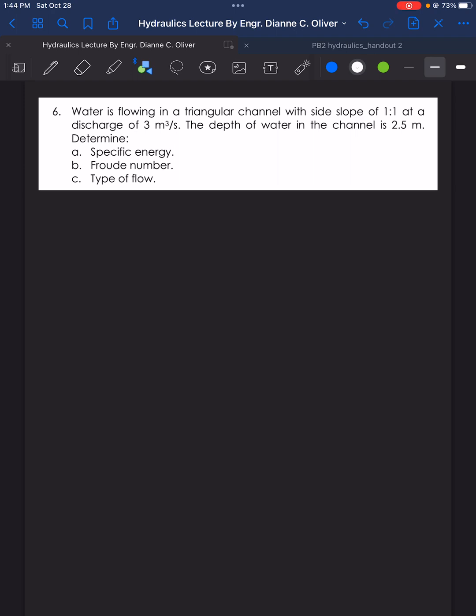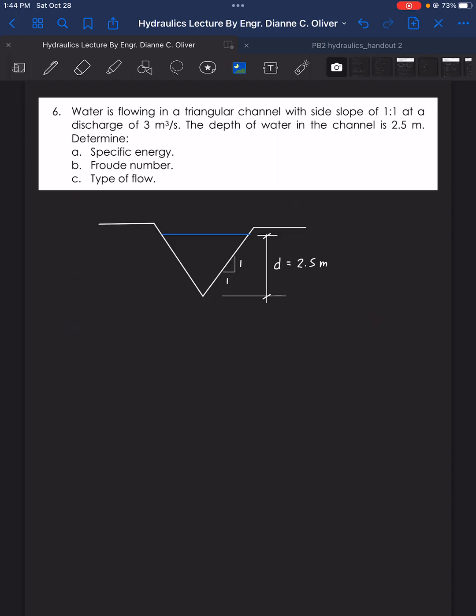So this is our triangular channel, with side slope of 1:1, and the depth of water in the channel is 2.5 meters. So we need to find first the specific energy.